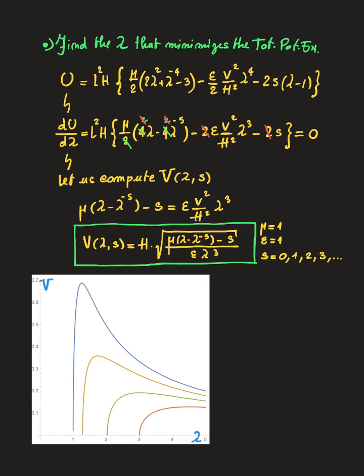This first curve corresponds to no dead loads, no loading applied to the external. But then you see these other curves, they correspond to situations in which I'm applying weights, okay? So for example, this is s equal to 1, and here I apply a weight which is s equal to 2, and then I apply a weight which is equal to 3.